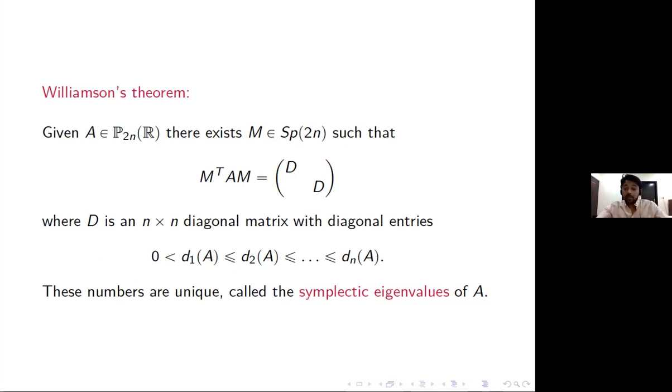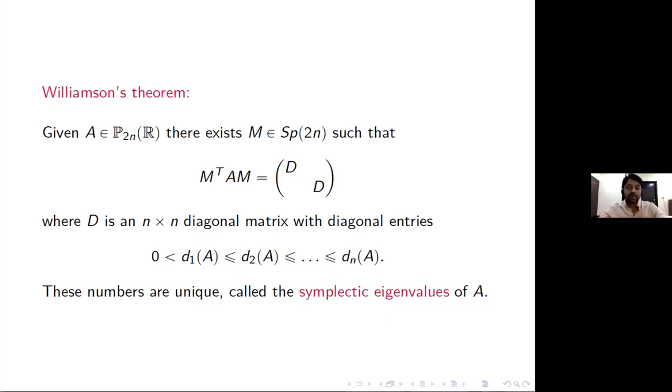These numbers are unique for a given A in the sense that these numbers do not change if A is diagonalized using a different symplectic matrix. In other words, these numbers are called symplectically invariant for a given A. And these numbers are called the symplectic eigenvalues of A.